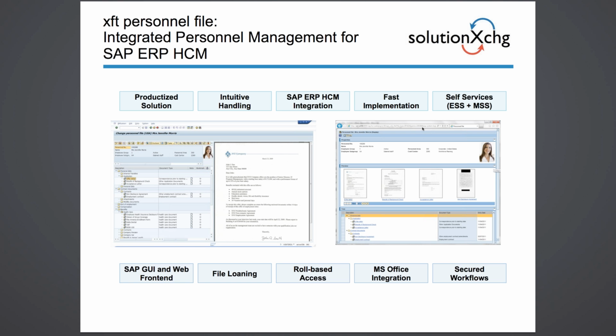Of course, to do that, you need to log on to SAP. You need to provide your SAP login and password, and then your credentials are checked, and you will only see those files that you are privileged to see based on your role within the organization. So very easy access from two different ways.